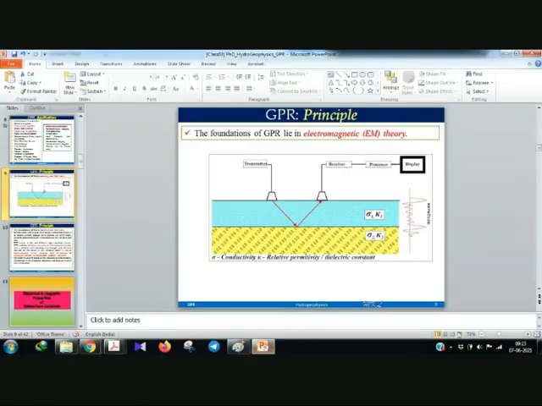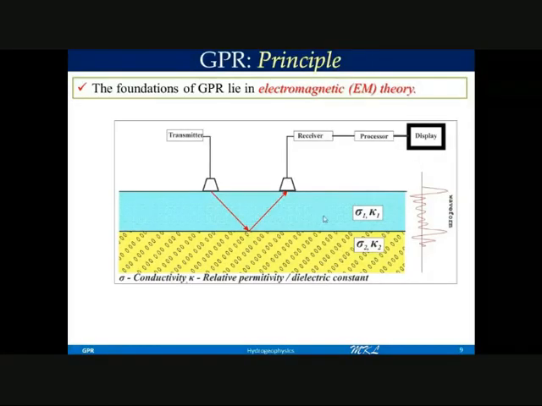So I'm defining two layers. The first layer is the blue layer, and the second layer is the yellow layer, let's say. And it's giving you sigma1, kappa1, and sigma2, kappa2. So what happens in the transmitter? From the transmitter, an EM wave is transmitted, it reflects from the boundary between these two layers, and it is recorded here in the receiver. And there is a processor, the control unit, which controls all the things.